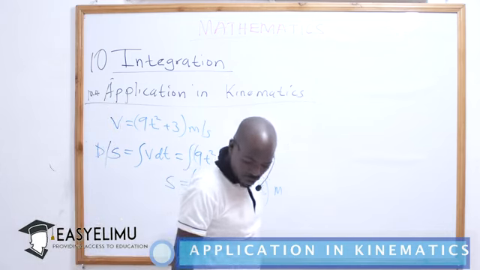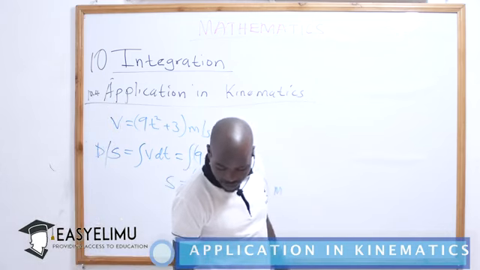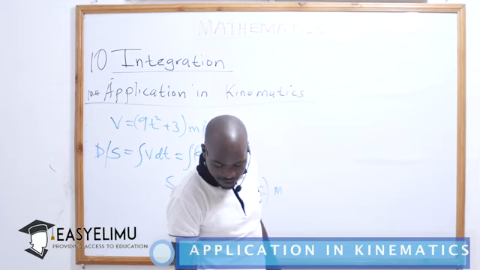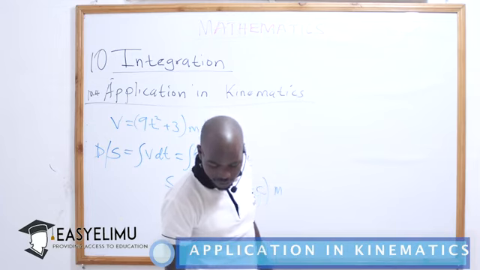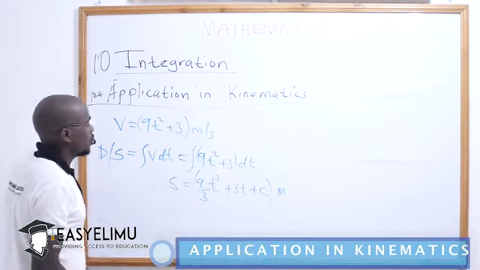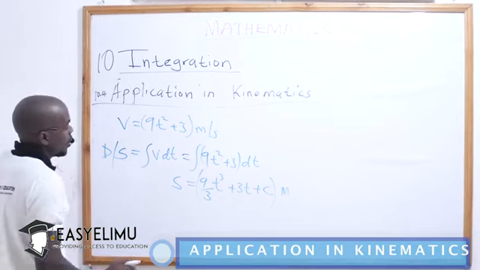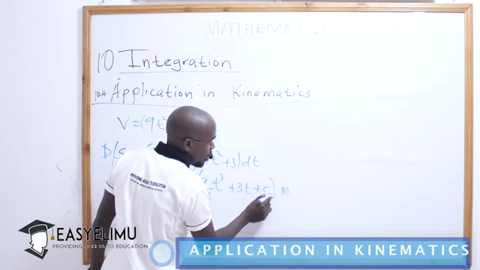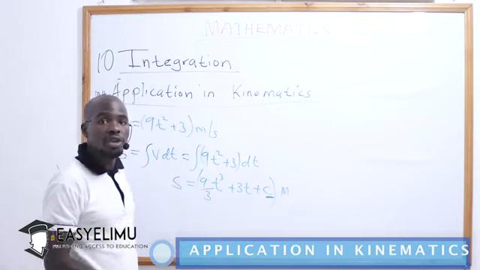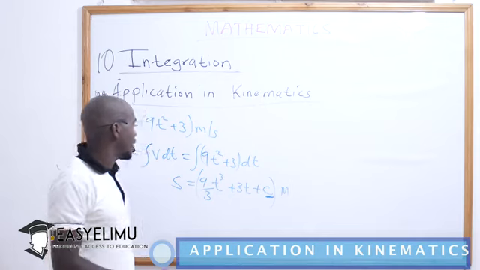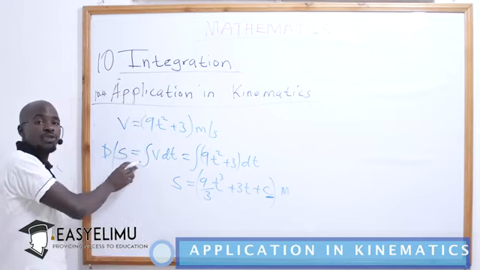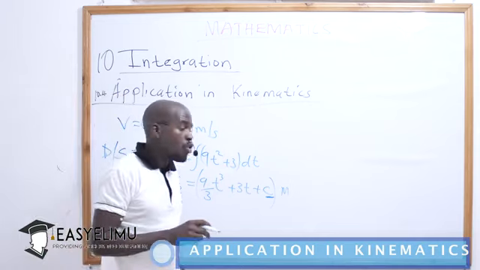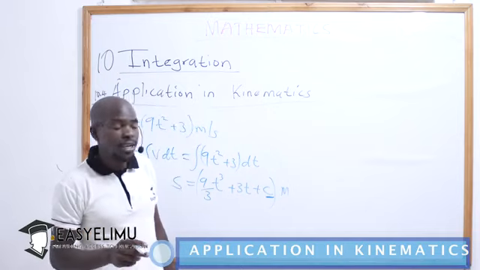We have been told to find the expression for the distance and hence find the distance covered by the particle during the 4th second. Because we don't know the value of c, we cannot ignore c. And since we were not given the limits of integration, we cannot fix our own integration limit.